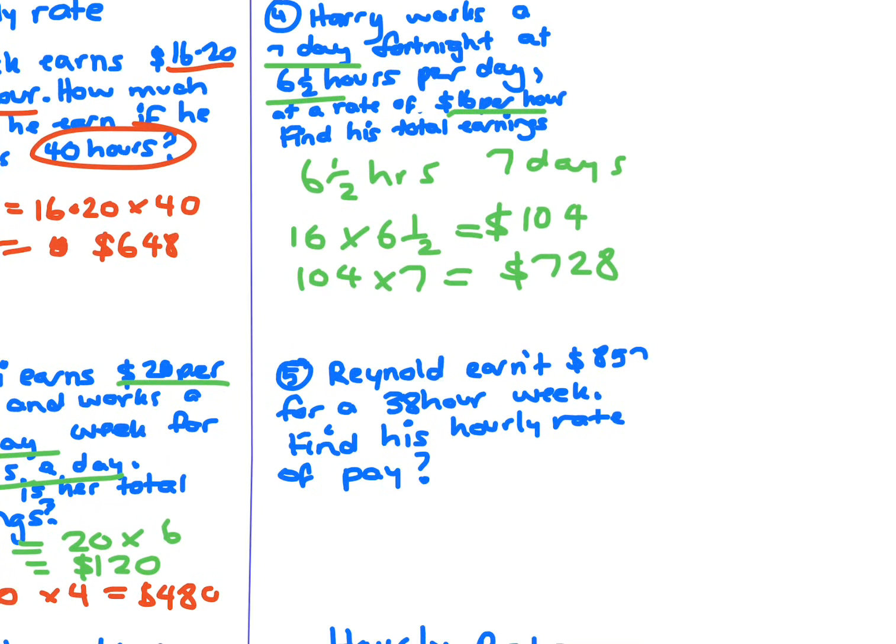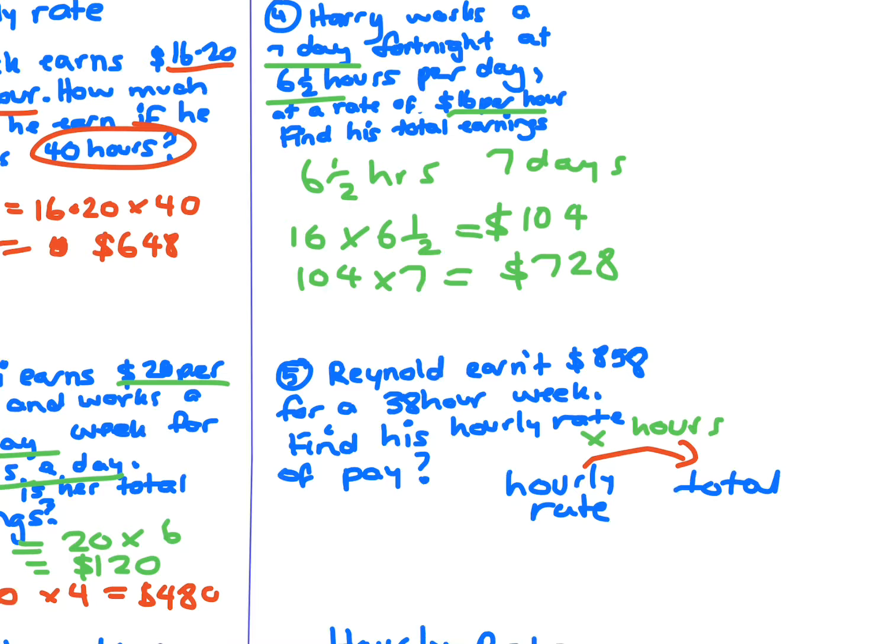Okay, and finally, Reynold. Reynold earned $858 for a 38-hour week. So if you want to get what the actual hourly rate is, if you've got your hourly rate and you want to go to your total income, you times by the number of hours.